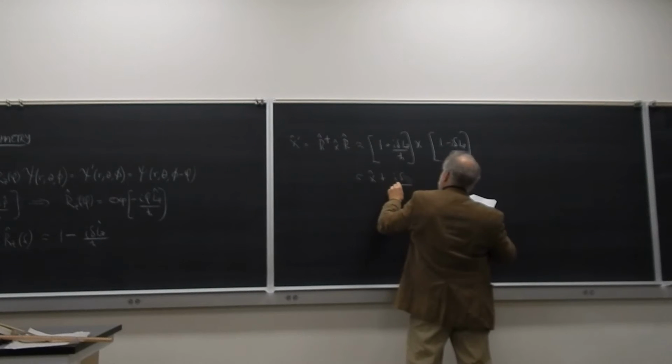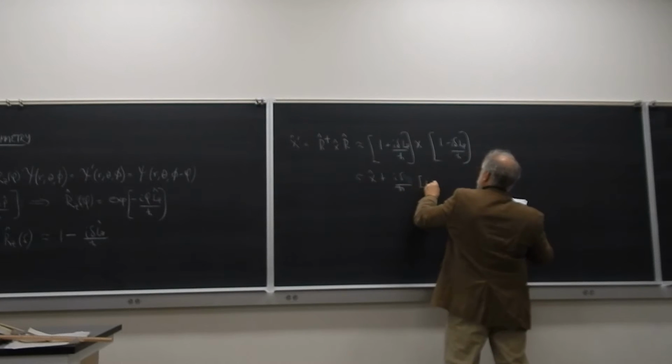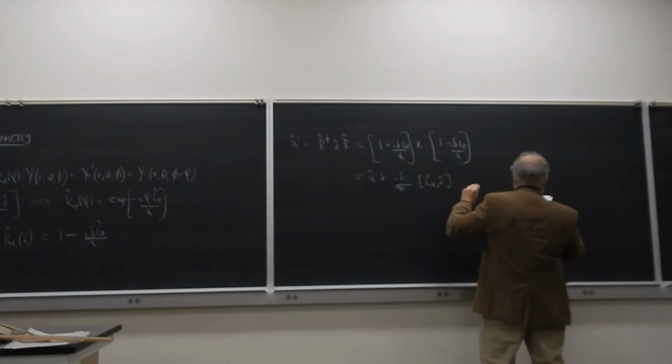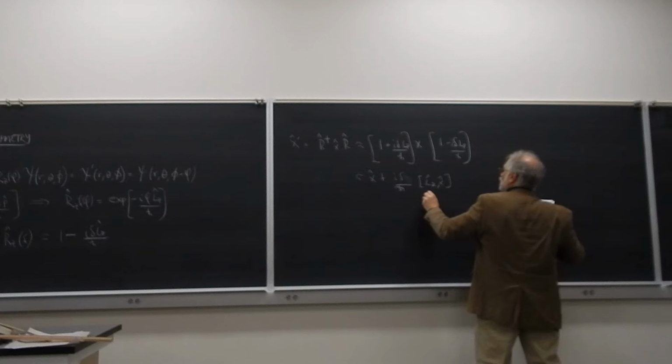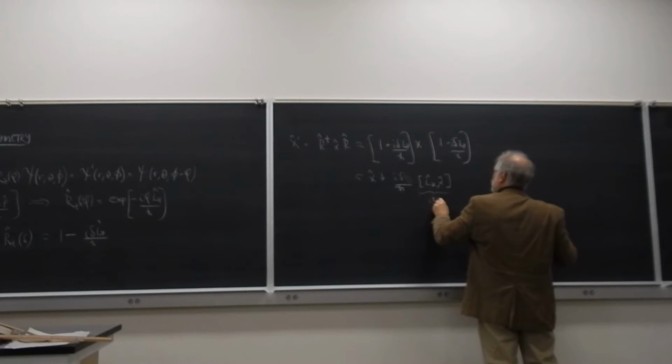That is i delta over h bar, commutator L_z x, which of course is i h bar L_y.